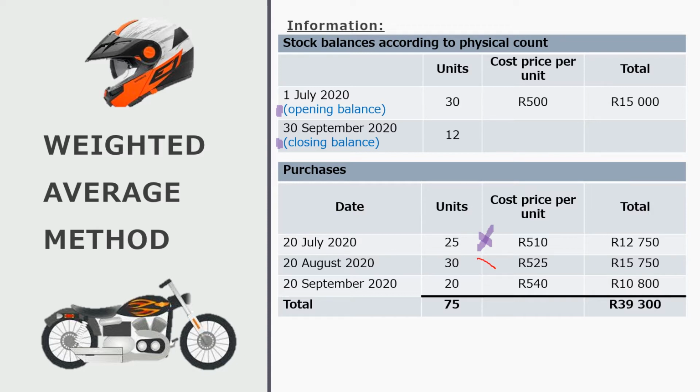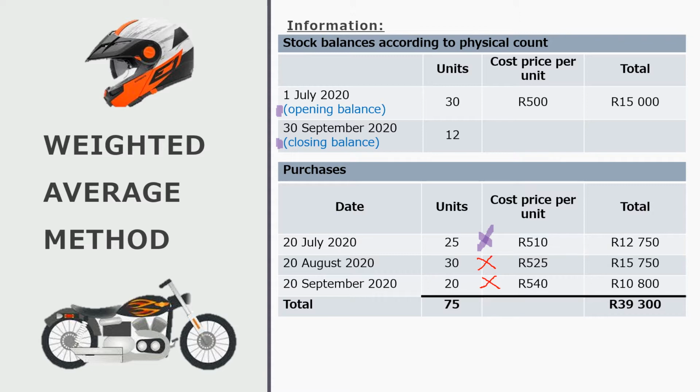There'd been a price increase. So if you take these 30 units multiplied by the cost per unit, the value of the stock that we had bought is 15,750. The last purchases in September, we bought 20 additional units at a cost of 540 per unit. So 20 times 540 gives me 10,800. That is the total value of the stock that I purchased.